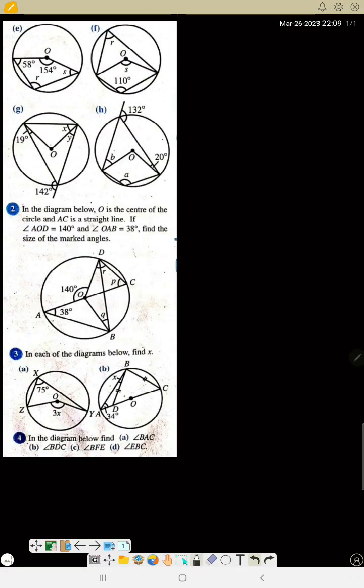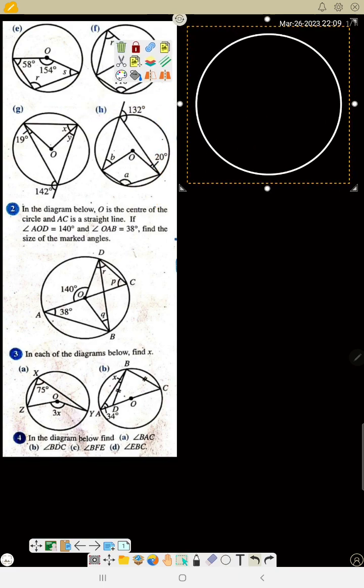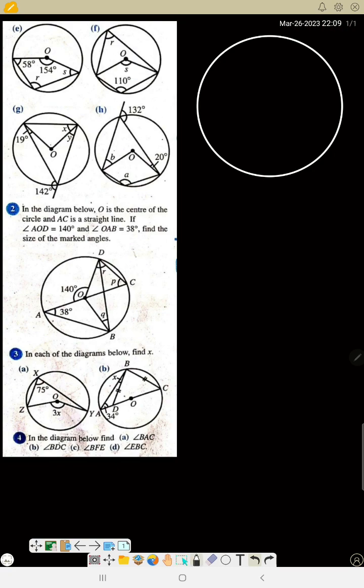So this is another question. We have this DE. We have center. So we have this.